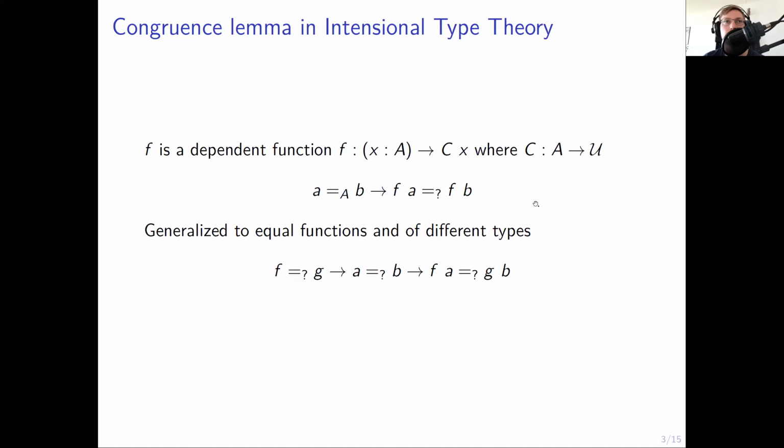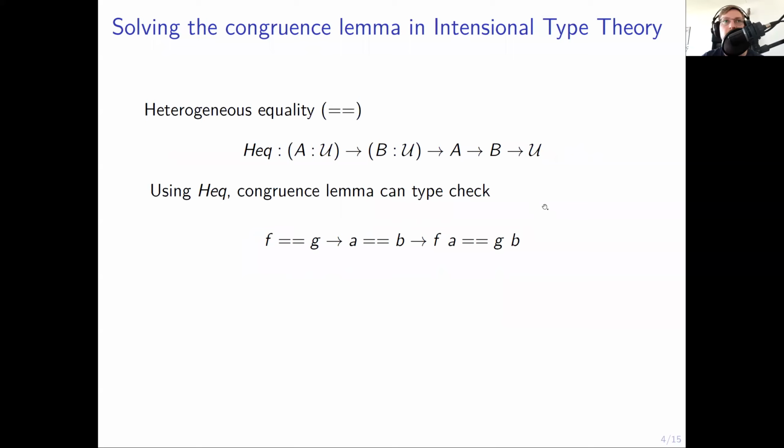The heterogeneous equality they introduce in the work by Selsam and de Moura is this HEq type, which is defined as an inductive type, similar to the identity type in intensional type theory, just with this extra type for one of the terms, such that the terms can be of different type. Using this, we can state the congruence lemma.